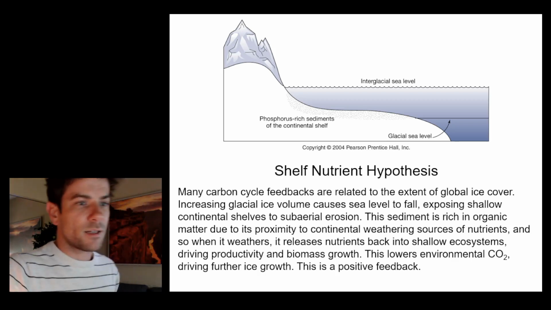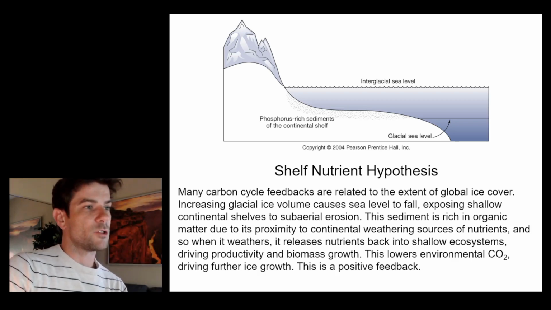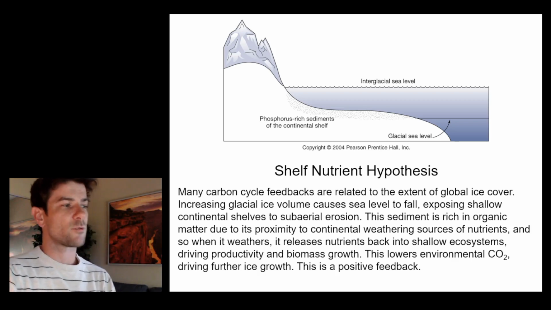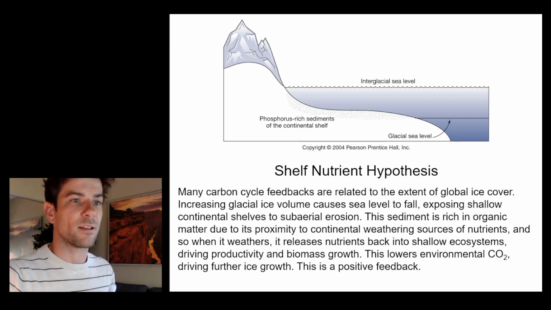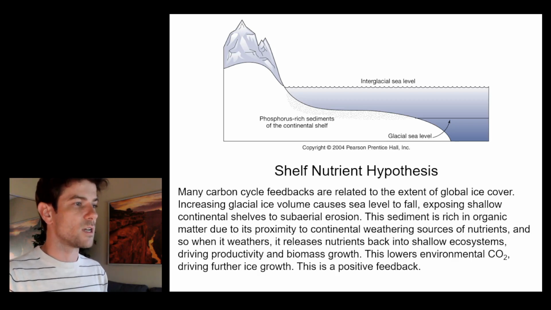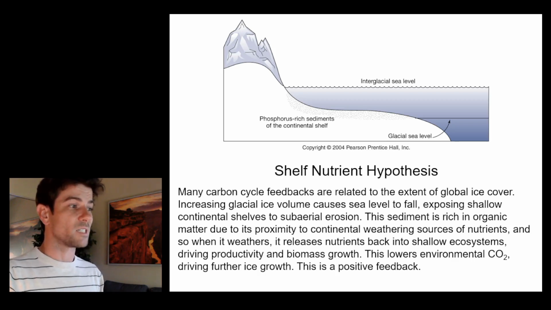So the next couple of these have to do with sea level, and so these are really specific to glacial times and glacial interglacial cycles. But there are a lot of positive and negative feedbacks that occur on those timescales, and that are related to glacial advance and retreat.